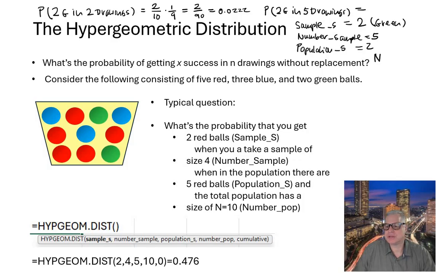That's n, the number population, or number pop in Excel. I'm not so sure whether those are the most intuitive labels, but that is what they mean. So here we have 10. And lastly, it wants to know, is it cumulative or not?